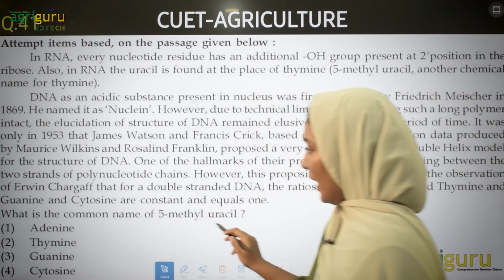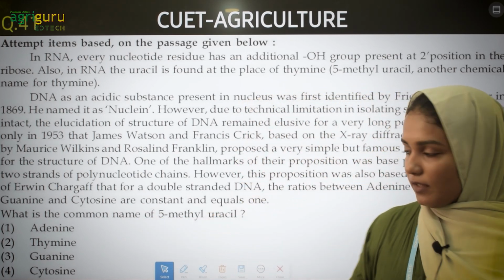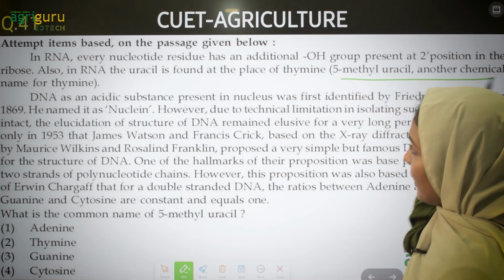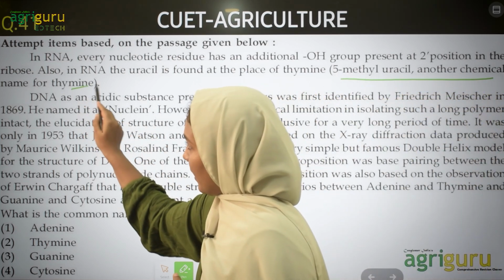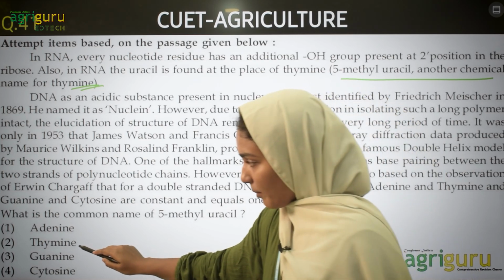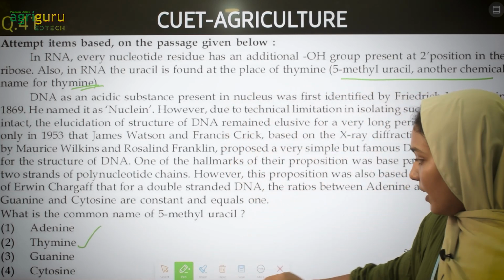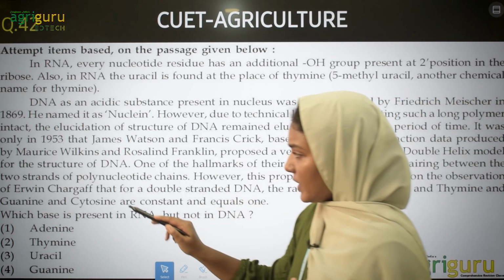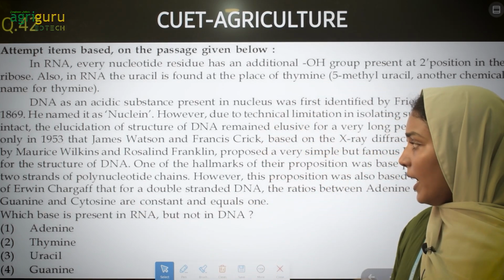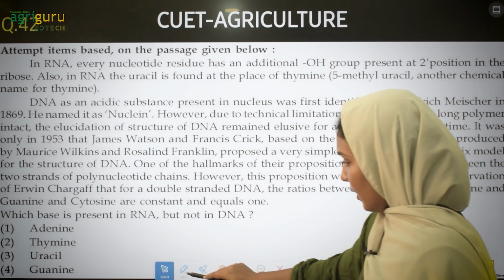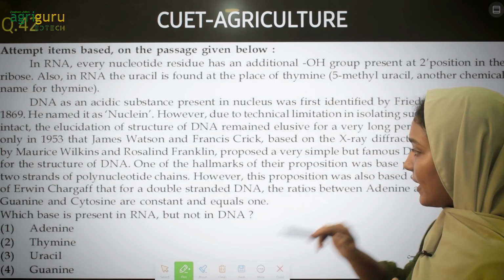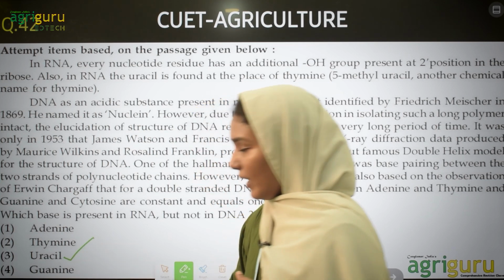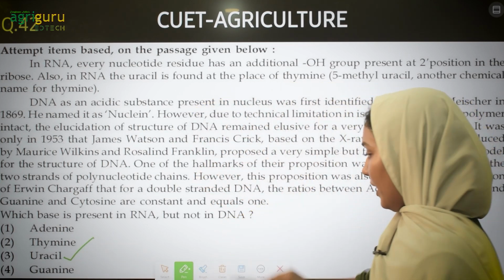What is the common name of 5-methyl uracil? From the passage, 5-methyl uracil is another chemical name for thymine. The answer here is option number 2, thymine. Next question. Which base is present in RNA but not in DNA? Those who have read the passage can easily understand that it is uracil, which is present only in RNA but not in DNA.